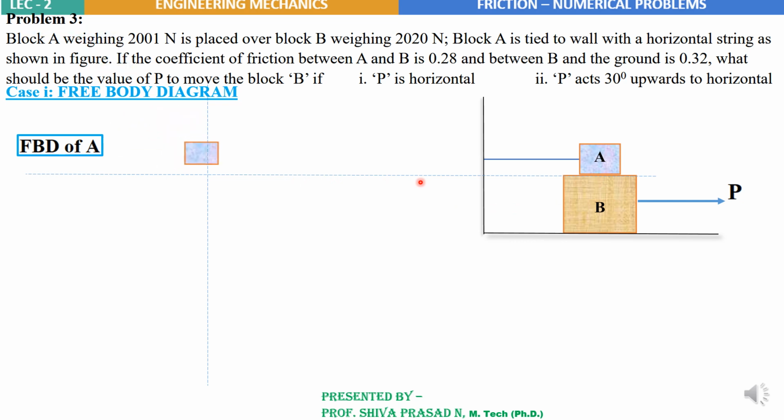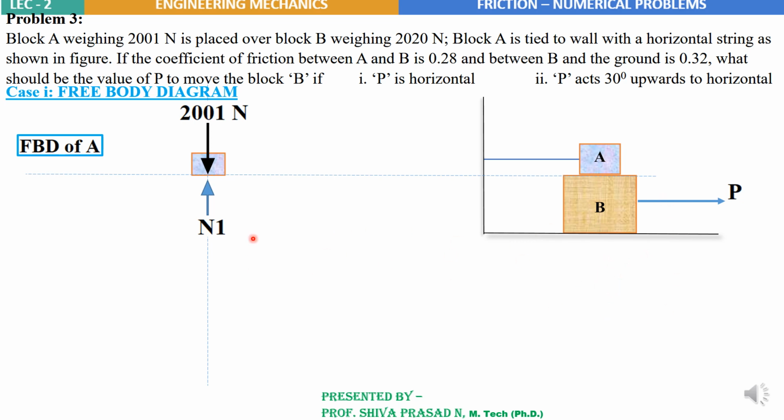So block A is placed at the center. The weight of the block, the first force I always consider, is 2001 Newton. To this we will have a normal reaction N. I am writing N1 here because I will get another normal reaction for B, since we have two different blocks.